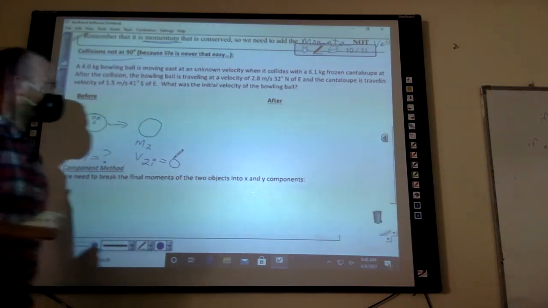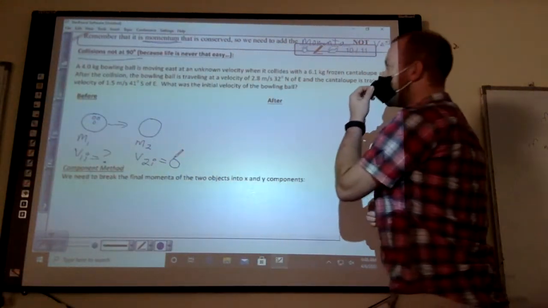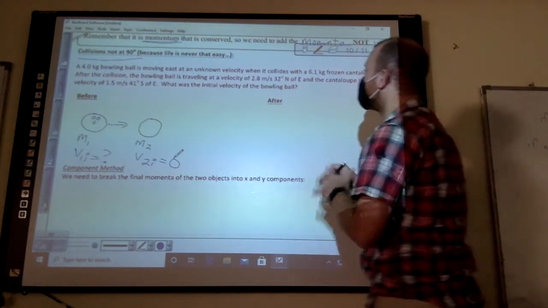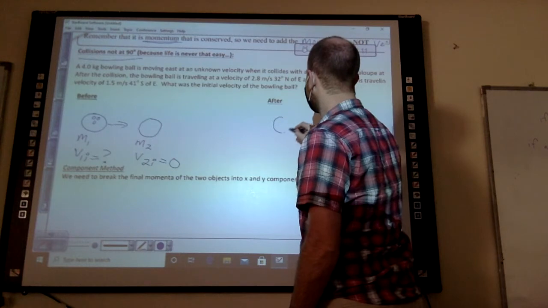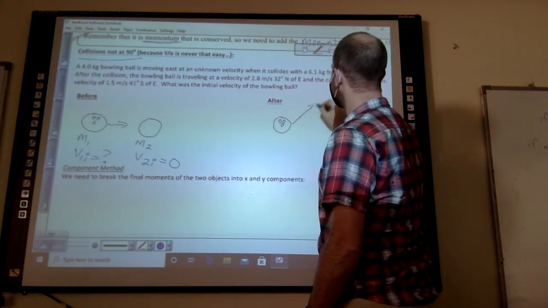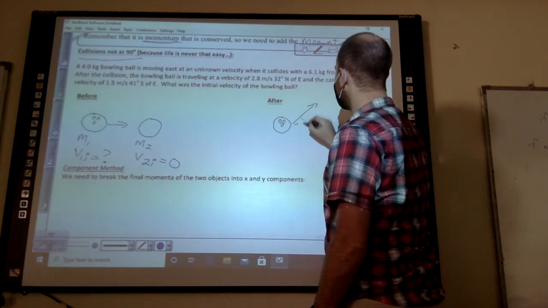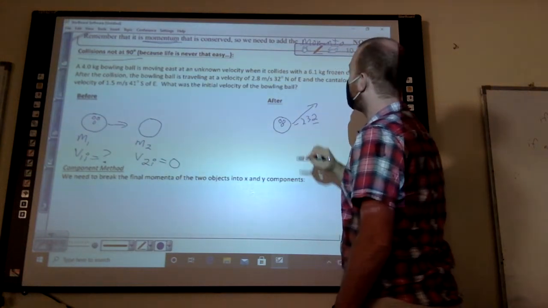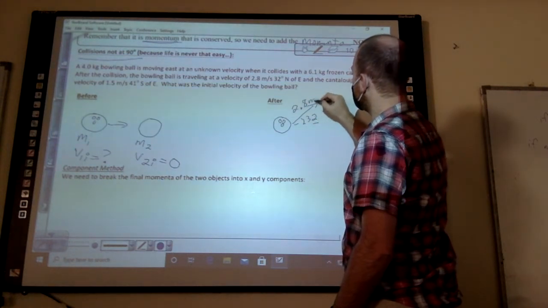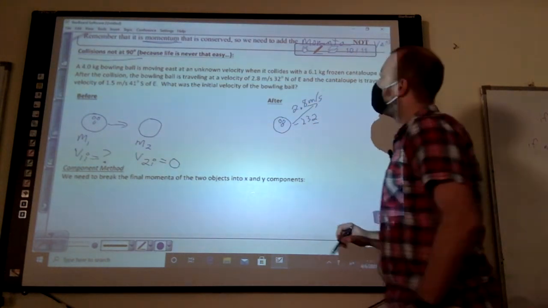And then afterwards, these two things are moving in different directions. So what are we told? Bowling ball, 32 degrees north of east. So this one's moving like this, where this is 32, 2.8 meters per second.